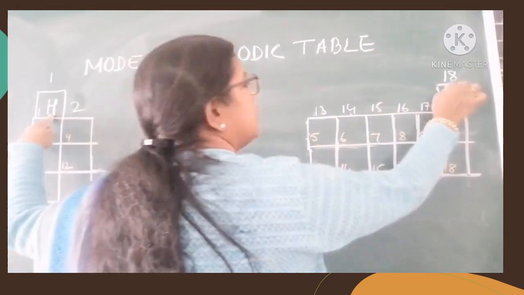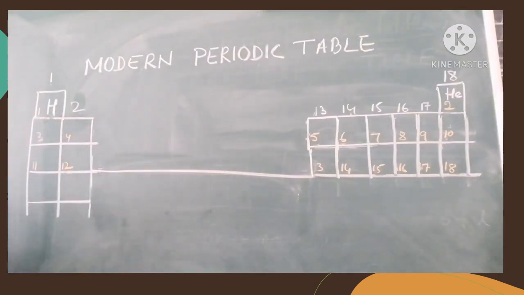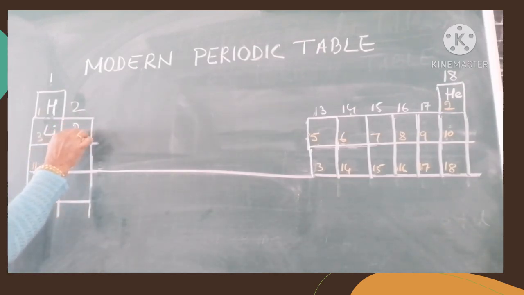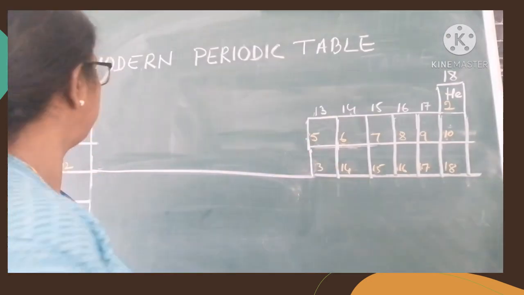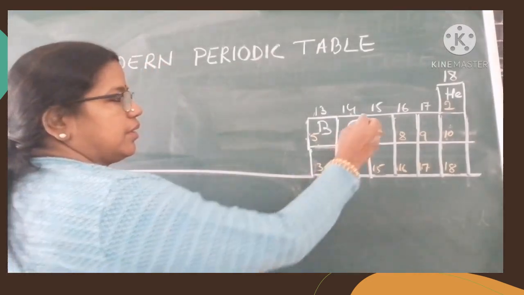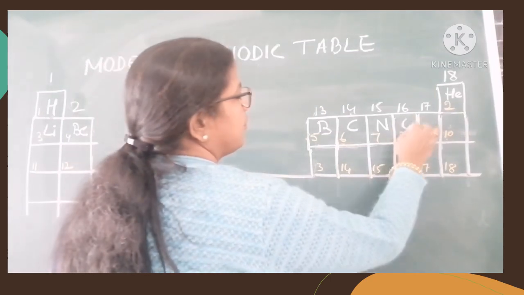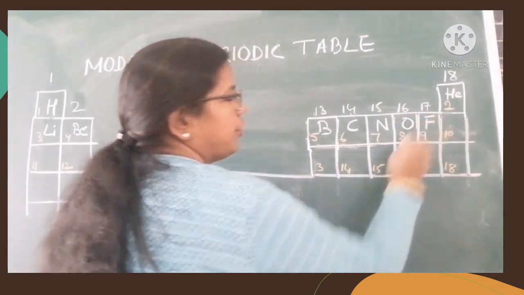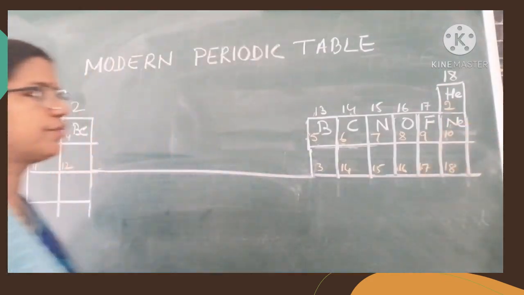Then in group 18, helium. Then third is lithium, whose atomic number is 3, 4 beryllium, 5 boron, 6 carbon, 7 nitrogen, 8 oxygen, fluorine. Then with atomic number 10, that is neon.